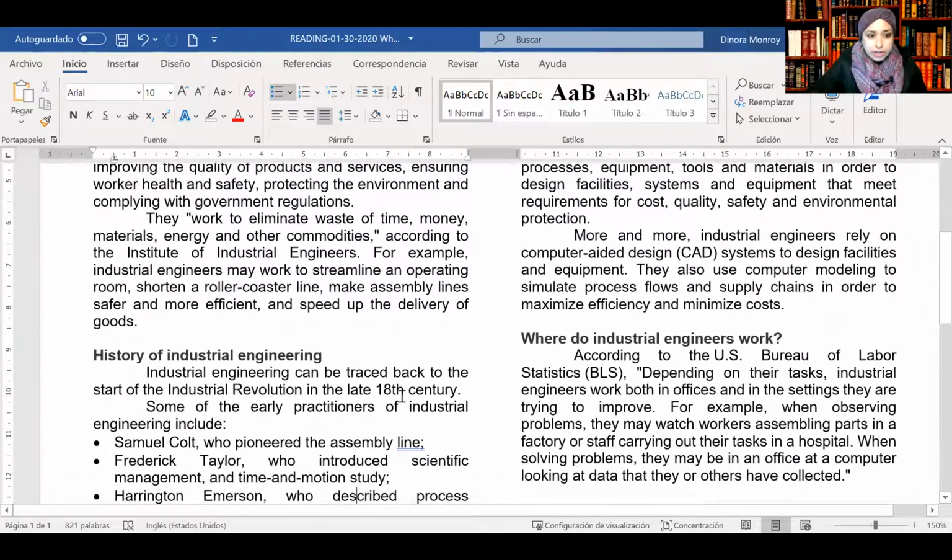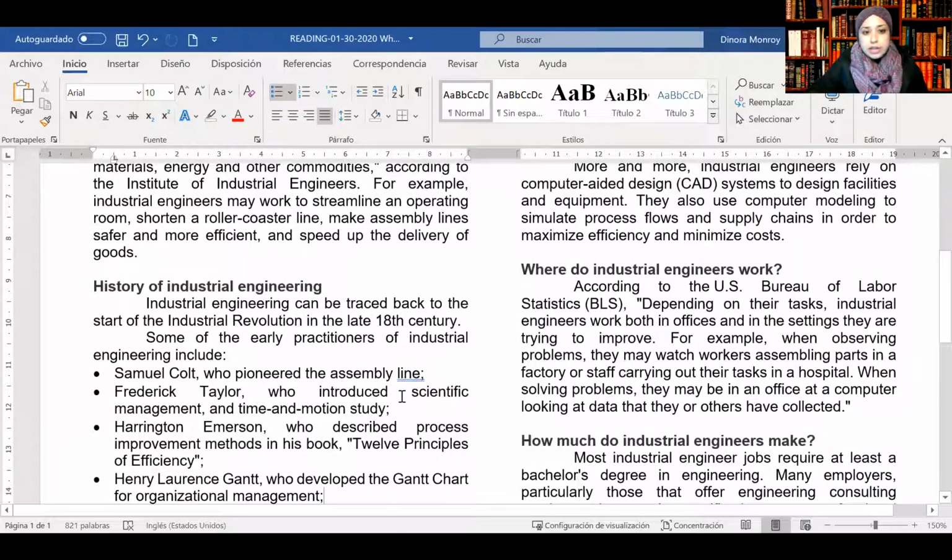History of industrial engineering. Industrial engineering can be traced back to the start of the Industrial Revolution in the late 18th century.